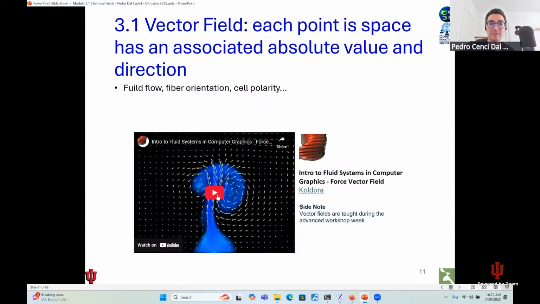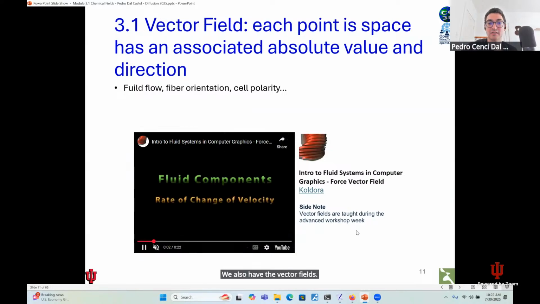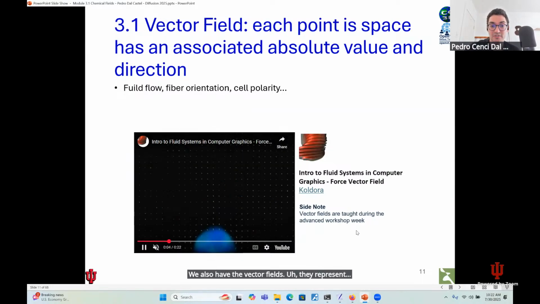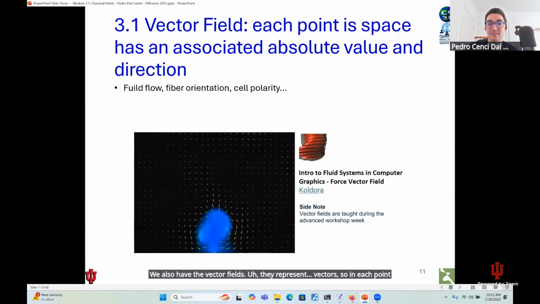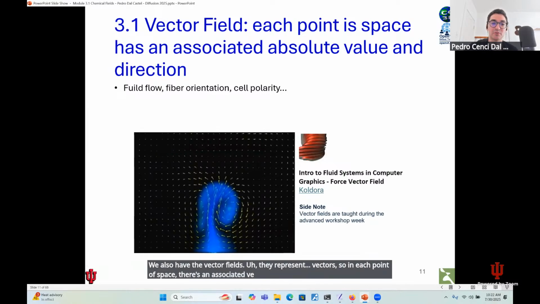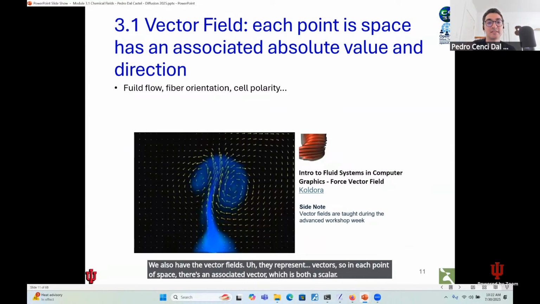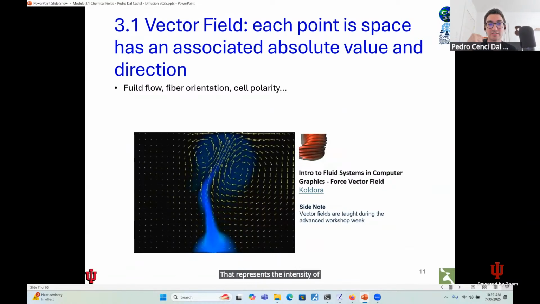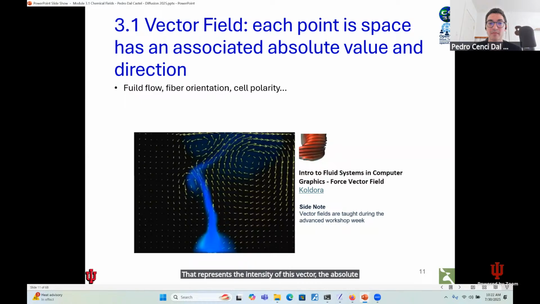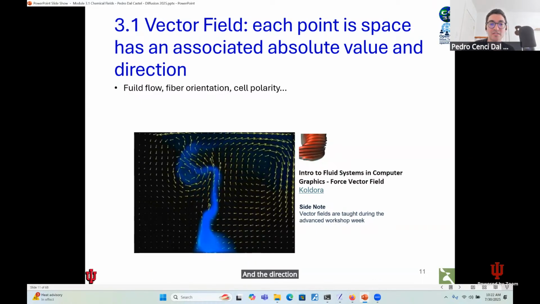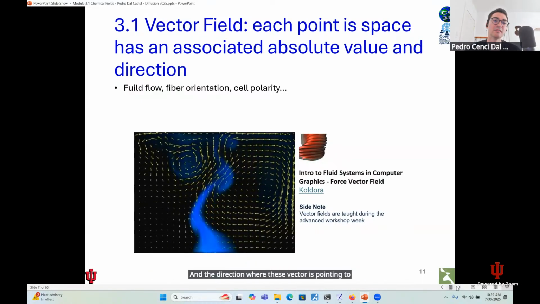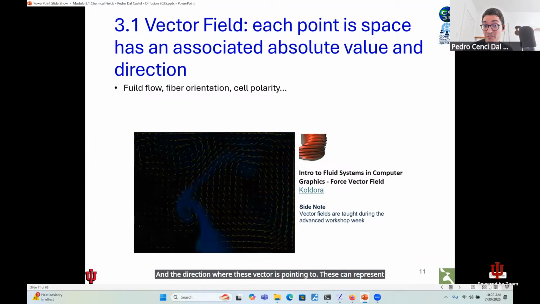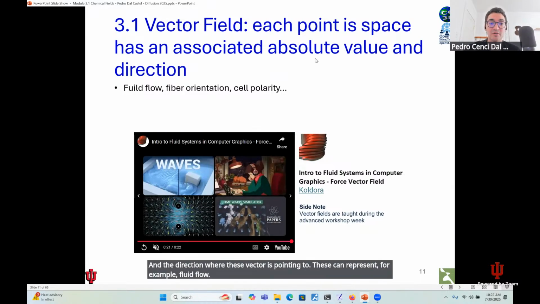We also have the vector fields. They represent vectors. So in each point of space, there is an associated vector, which has both a scalar that represents the intensity of this vector, the absolute value of this vector, and the direction where this vector is pointing to. These can represent, for example, fluid flow, fiber orientation, cell polarity.